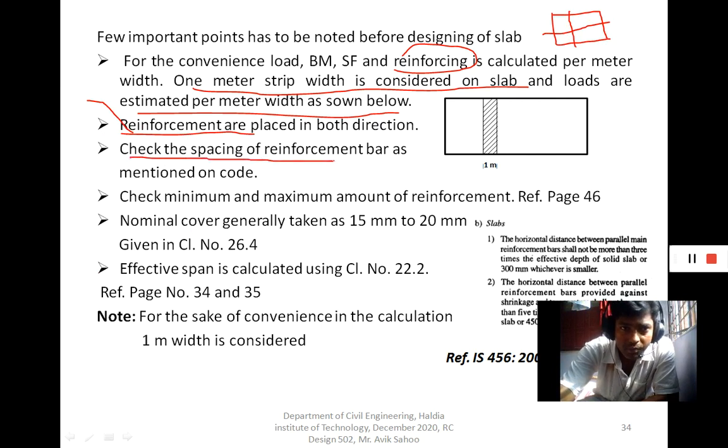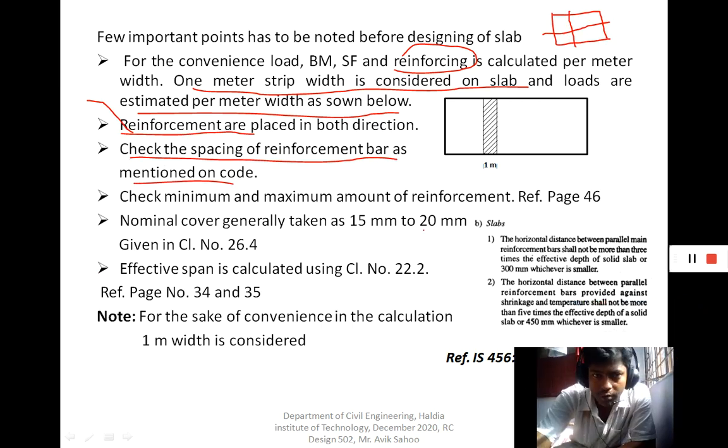Also we check the spacing of reinforcement bars as mentioned in the code. You see that the horizontal distance between the parallel main reinforcement, that is the spacing between two bars, should not be more than, as per code, 3D or 300, whichever is less.